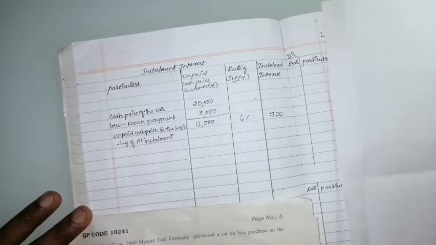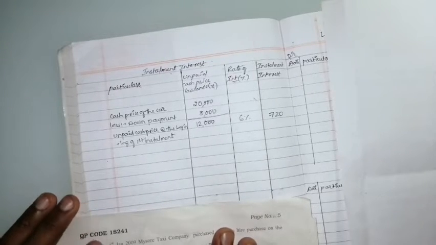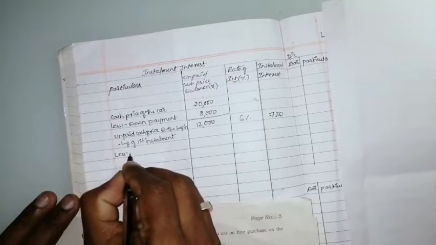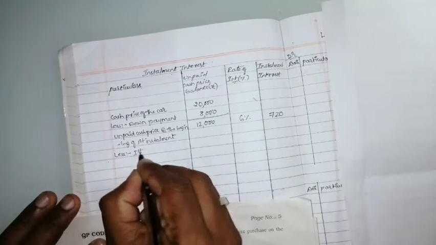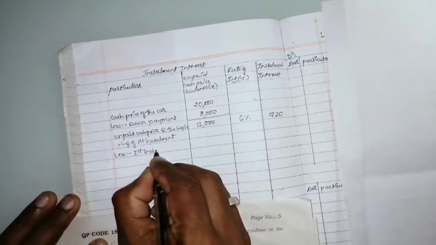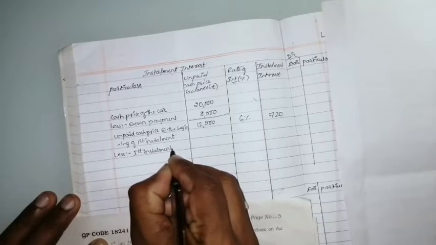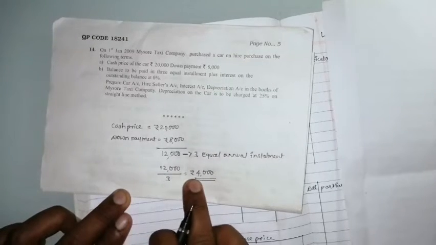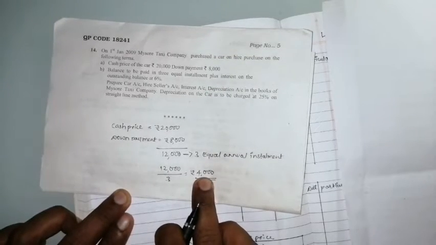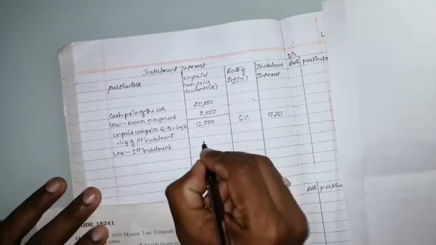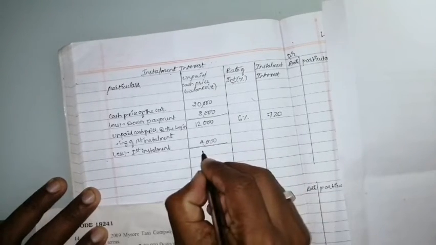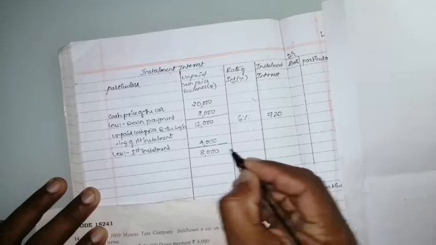After that we need to deduct the first installment. I said already, every installment consists of rupees 4,000. Clear? 4,000. Next, the remaining balance is 8,000.